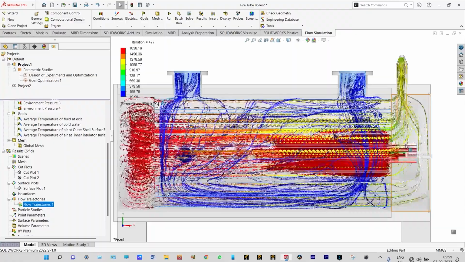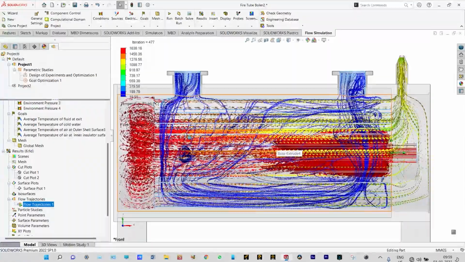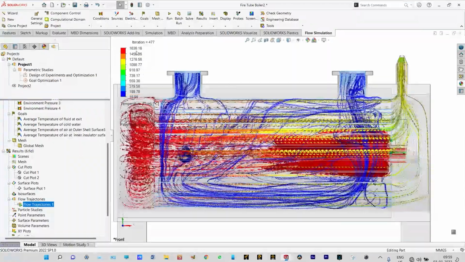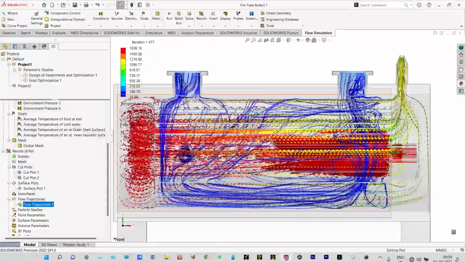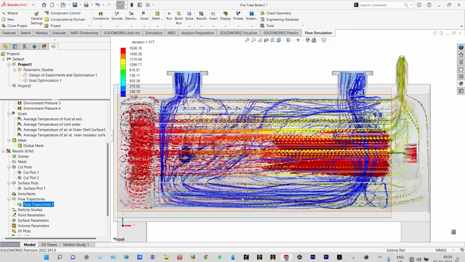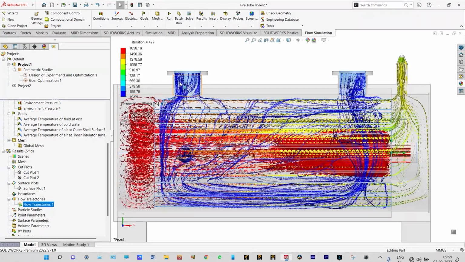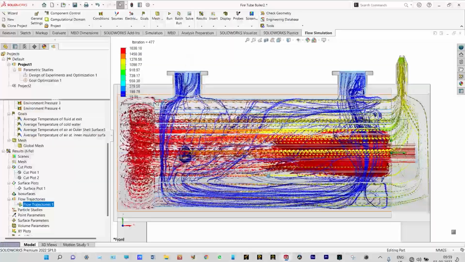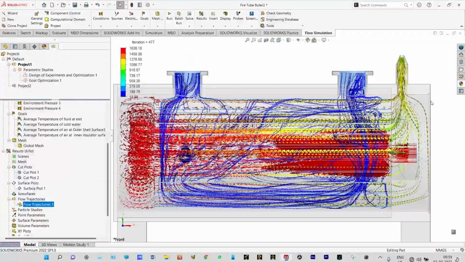You can see that hot flue gases are red, which is the high temperature of 1600 degrees centigrade, and surrounding these we have cold water. We are feeding cold water from here, and finally cold water, after being heated, is coming out from this opening, right? Let us see this one in a better way.